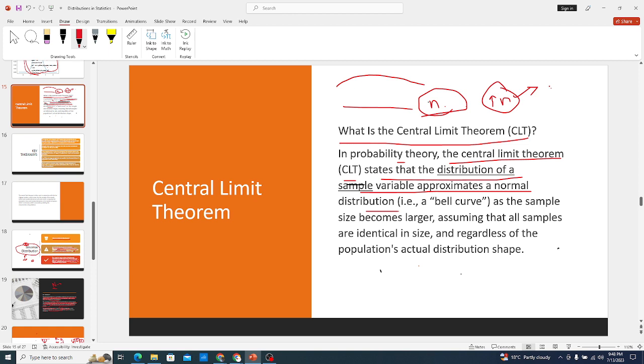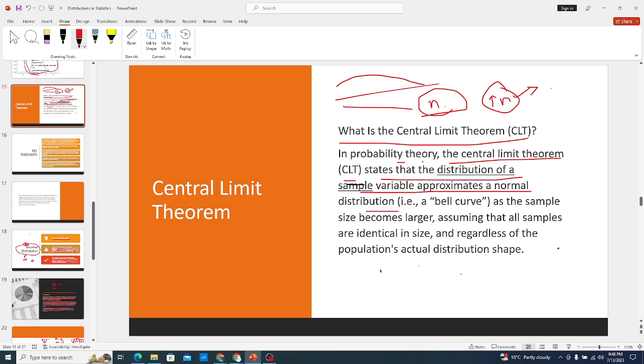In other words, the mean of all the sample means will also approach the population mean. Sorry, I also forgot to state that.